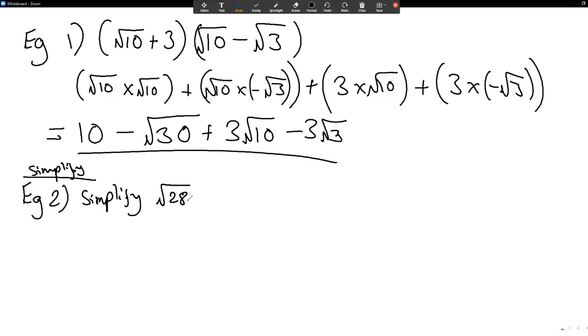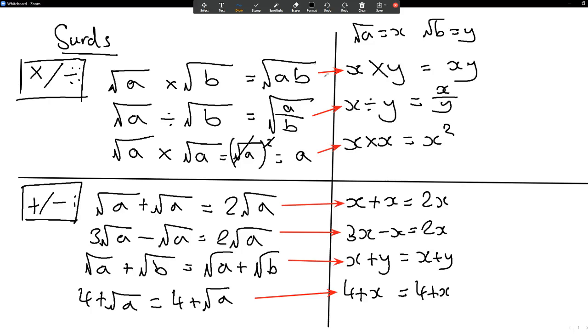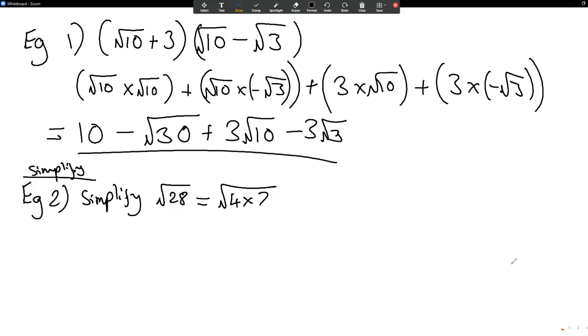Right, so what we can do is, if we follow this process, we can simplify it. First off, let's split 28 into 4 times 7. And then, because of our rule here, where root AB equals root A times root B, we can split these up.